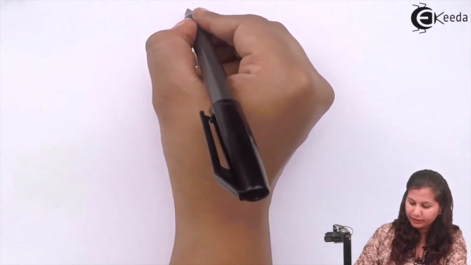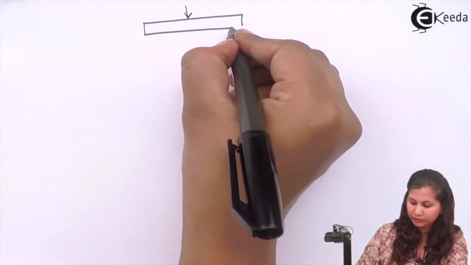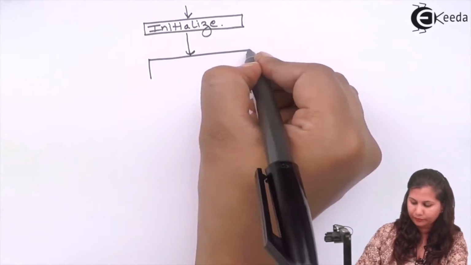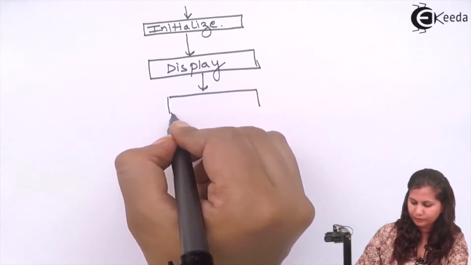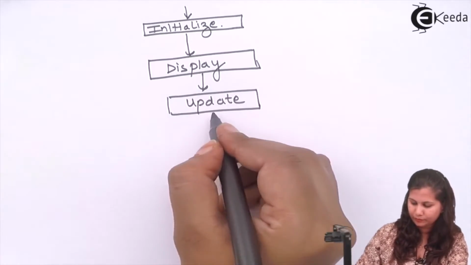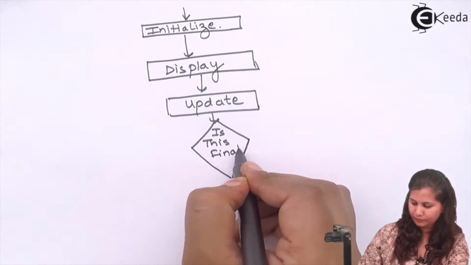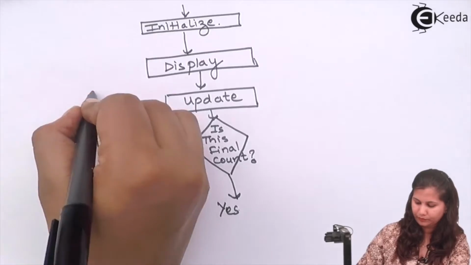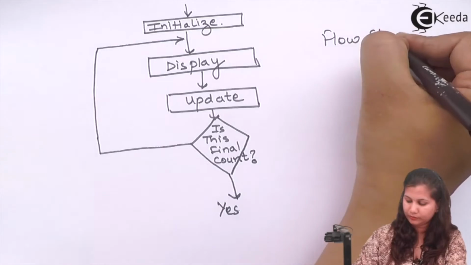Now, if we draw the flowchart for it, we will start with initializing the counter. So this is the flowchart of a counter.